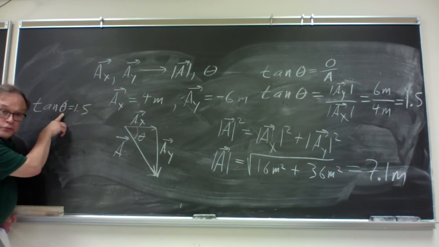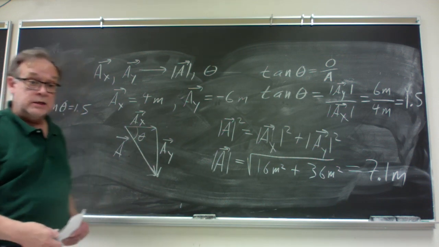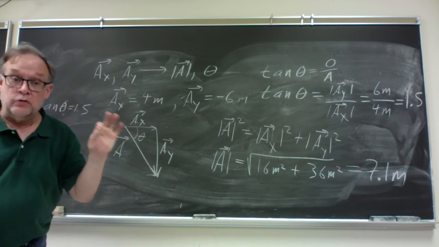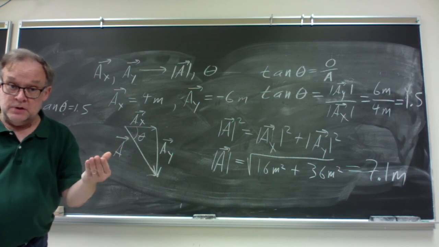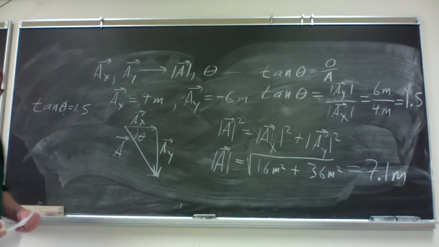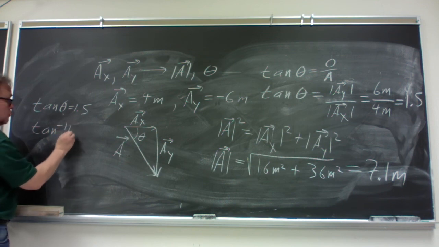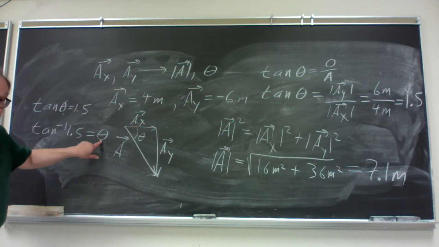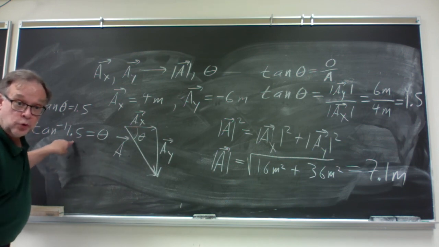We want to solve for this number, and to do that, what we're asking is the number that has 1.5 for its tangent. To do that, you have to use the so-called inverse tangent function, which you can find on your calculator. That is the so-called inverse tangent of 1.5 equals something. This thing is the number that has 1.5 for its tangent.